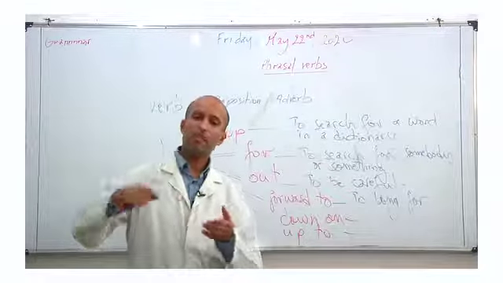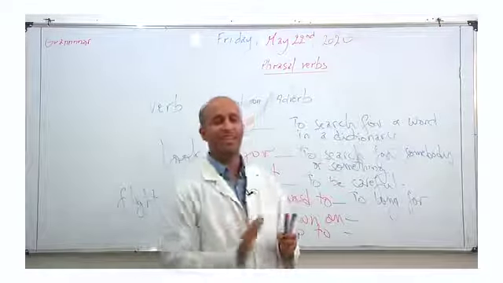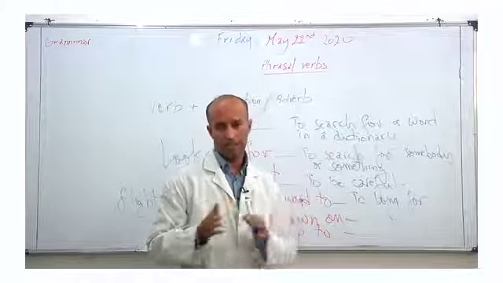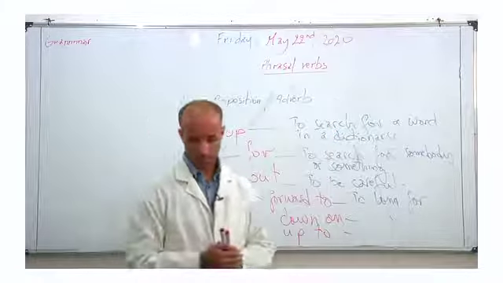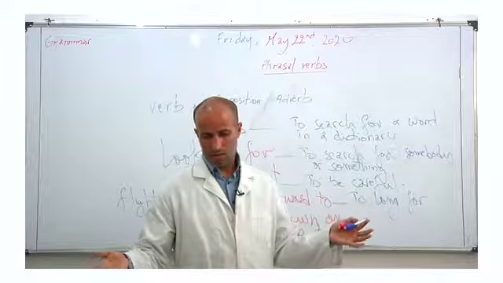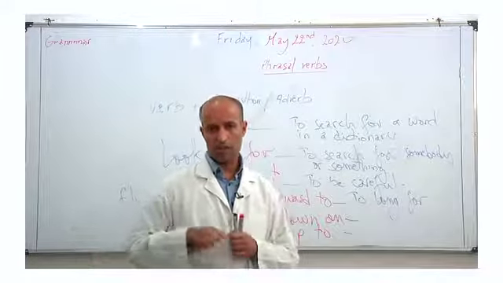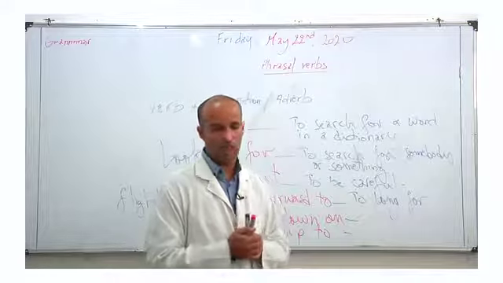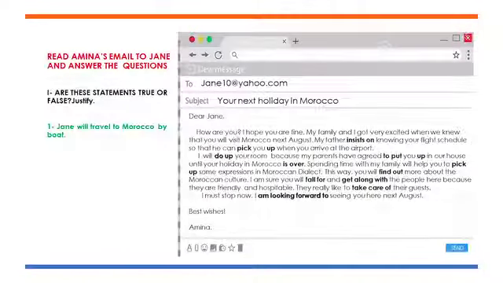The time when the plane arrives and leaves the airport. That's the flight schedule. So that he can pick you up from there when you arrive at the airport. So here we have airport, we have flight schedule. So the statement, Jane will travel to Morocco by boat, is false. And you can justify with the flight schedule and you arrive at the airport.